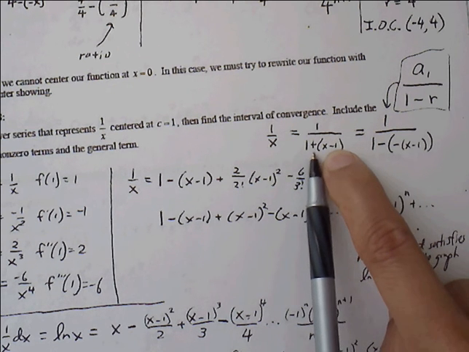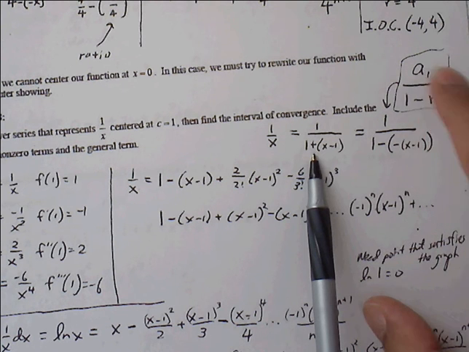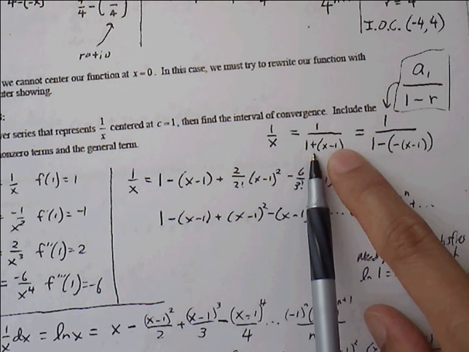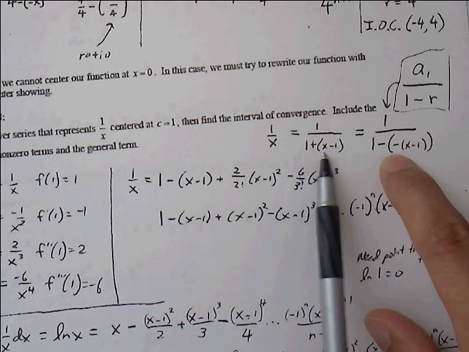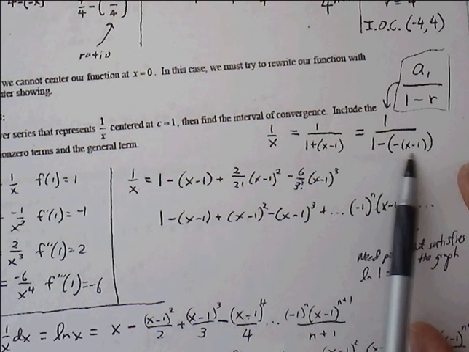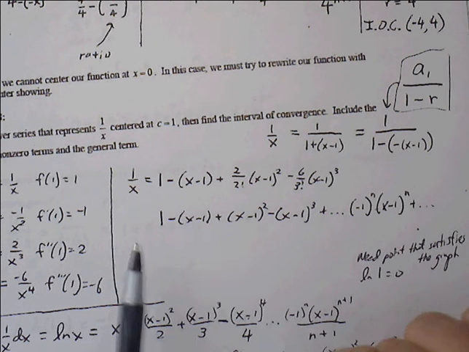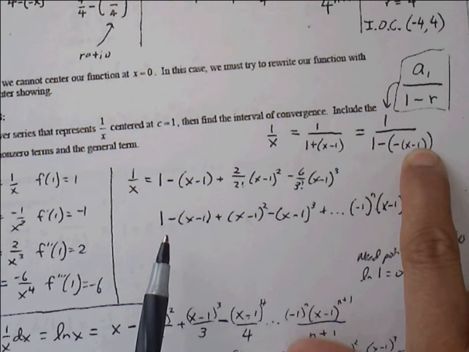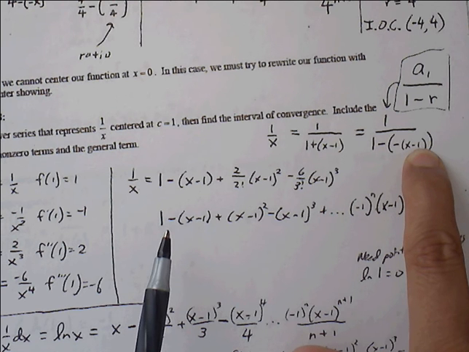However, we need to make this look like the 1 minus r, so we need to put a minus in front. If we do that, then we have to make balance by keeping what's inside here as negative. So that means our ratio is now negative x minus 1.